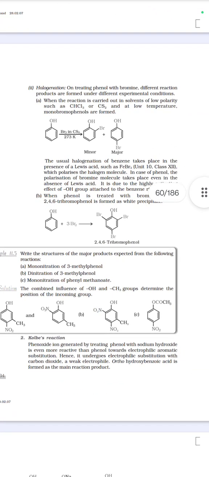Second, halogenation. On treating phenol with bromine, different reaction products are formed under different experimental conditions. First, when the reaction is carried out in a solvent of low polarity such as CHCl3 or CS2 and at a low temperature, monobromophenols are formed.